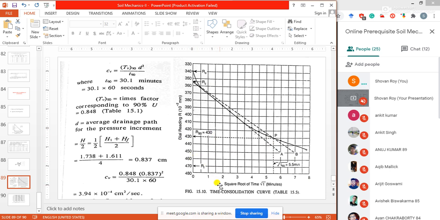Okay, if it is your U already mentioned, at R0 your U is 0, but when this B line, the 1.15 deviation line from the A line, is touching your actual curve, this point is considered as your U90, the 90% degree of consolidation U value.